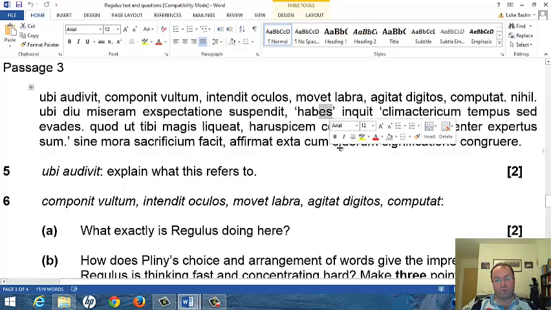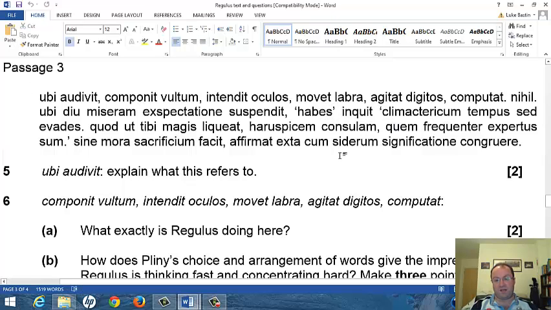If you're not sure what I'm talking about, if this doesn't resonate, I'll be surprised because I've mentioned it 4,000 times this year, but get in touch and we'll go through it. Habes is present tense because it's conjugation verb group 2. Evades is future tense because it is conjugation verb group 3.